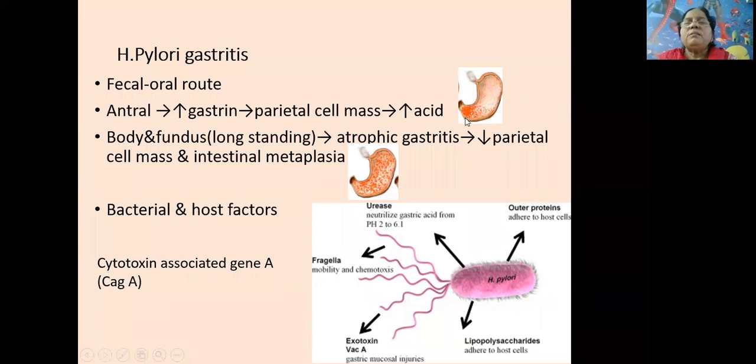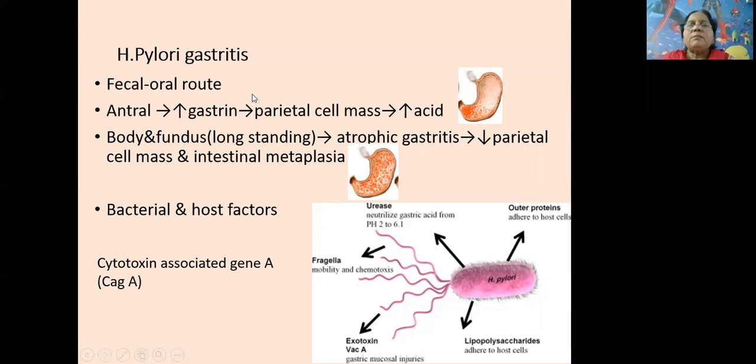Once there is inflammation, the acidity reduces, then increased gastrin is secreted. Because of increased gastrin secretion, parietal cell hyperplasia occurs and more acid is secreted. Then when it stands for a long time, this becomes a pan-gastritis. Anywhere in the stomach, gastritis can occur. That will cause atrophic gastritis.